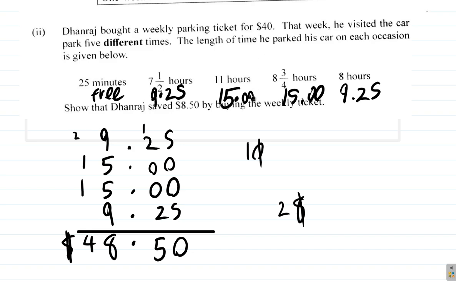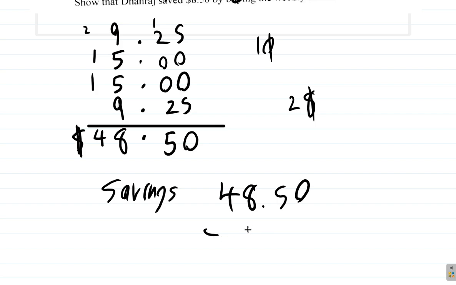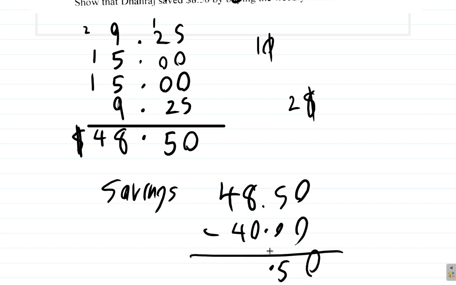He bought the weekly ticket for $40. So the savings would be $48.50 minus the $40 for the ticket. So 0, 5 minus 0 is 5, 8 minus 0 is 8, 4 minus 4 is 0. $8.50, right?